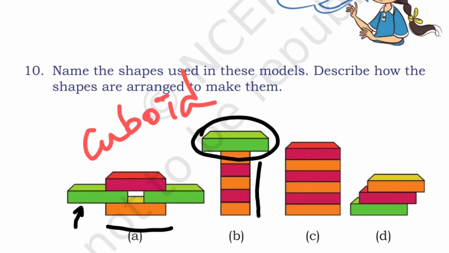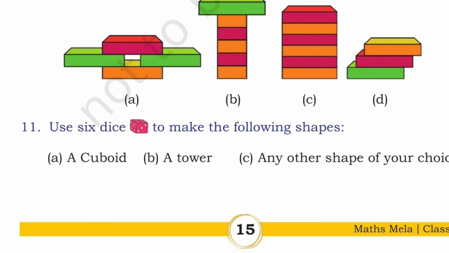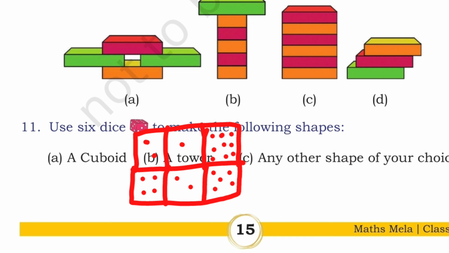The last one, use 6 dice to make the following shapes. They're asking to use 6 dice to form a cuboid first and then a tower. So let's form a cuboid using 6 dice. See children, I have arranged the 6 dice one on top of another.